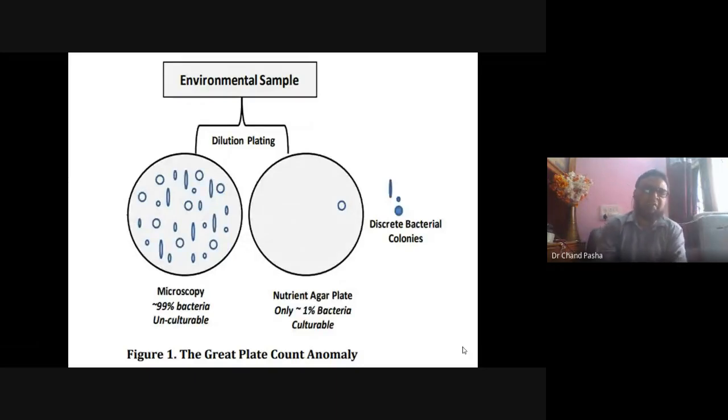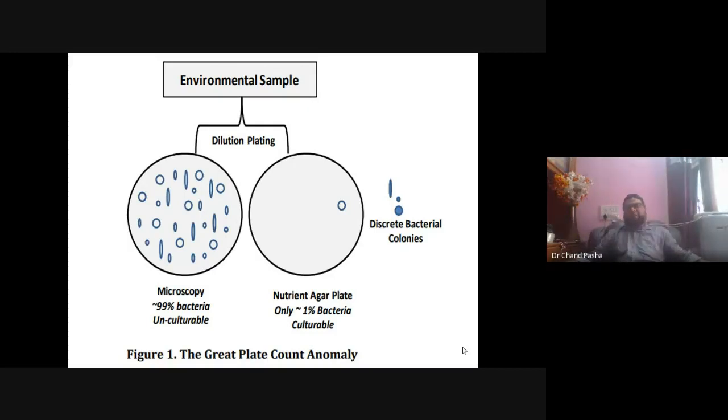So wherever orange colored spots are there, only those you count. That is 99%. Whereas on the plate you get only one colony. Only 1% of the diluted sample is culturable and 99% is not culturable. This phenomenon is called the Great Plate Count anomaly.